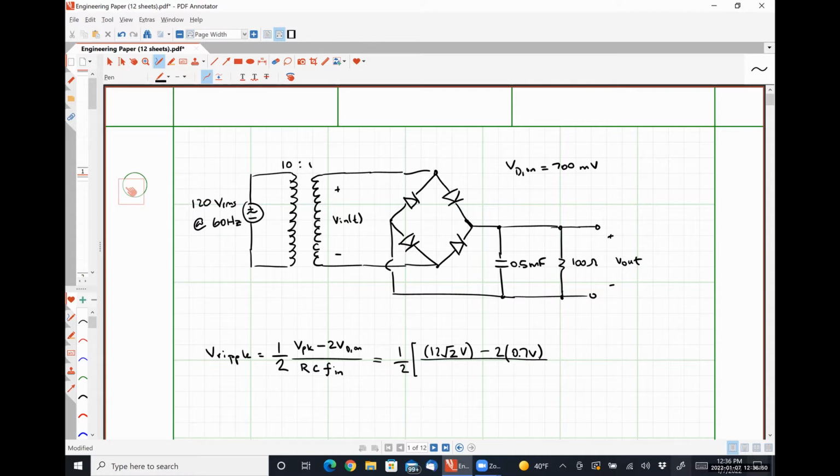Our R in this case is 100 ohms, our C is 0.5 millifarads, and our frequency is 60 hertz. And so if we plug in our numbers here, we wind up getting 2.595 volts of ripple.